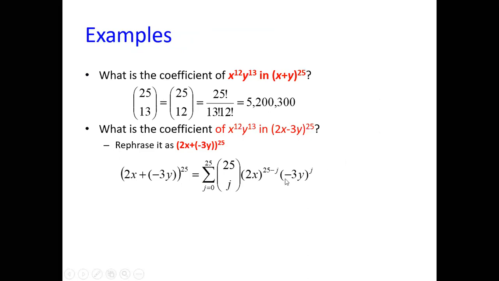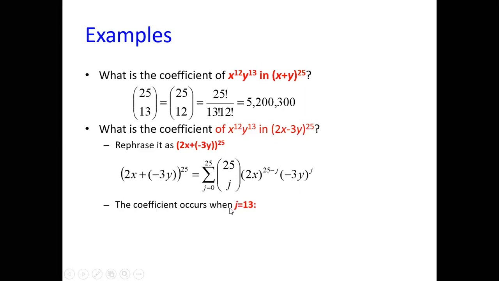We use the same equation before, from j to 25: big X power 25 minus j, big Y power j. So big X will be 2x, big Y will be minus 3y. So we convert it to plus because the equation we have is plus y. So plus minus 3y. Okay, we put here minus 3.